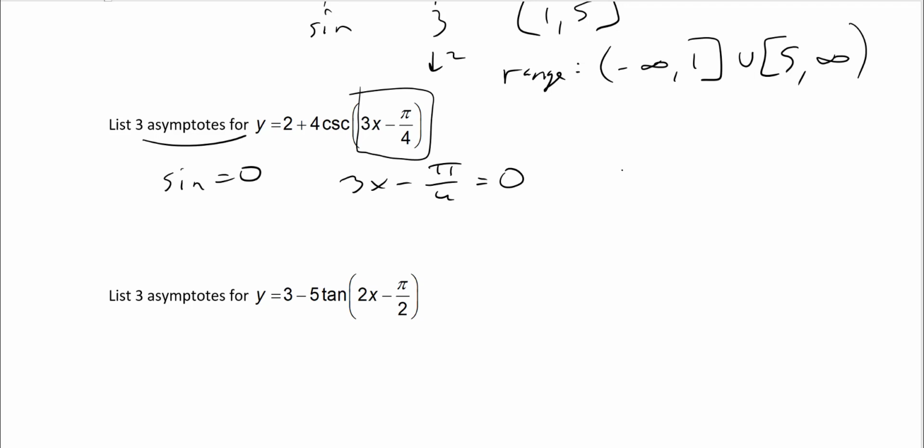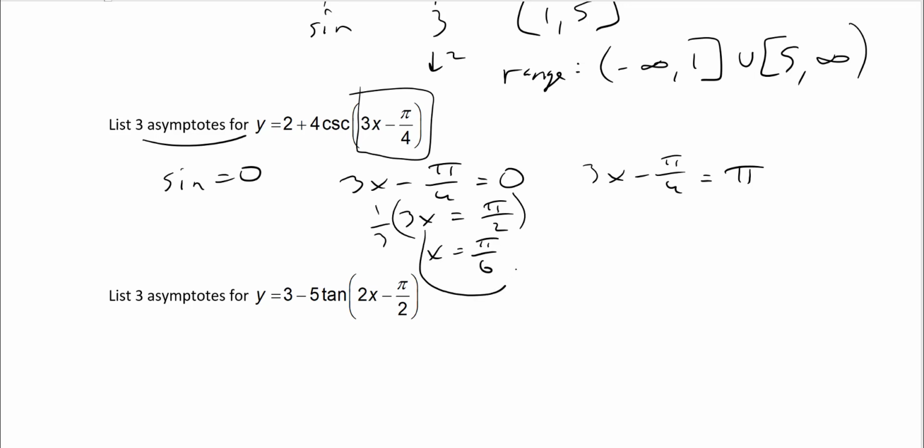Sine of 0 is 0. And here's another one. 3x minus pi over 4 equals pi, where it's also undefined. So I add pi over 4, so 3x equals 5 pi over 4. Multiply by a third, so x equals 5 pi over 12. That's an equation of an asymptote.